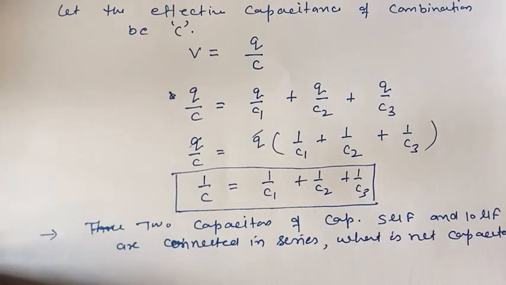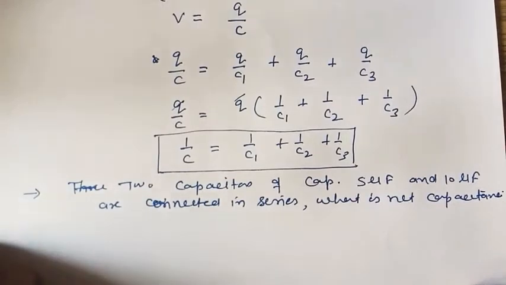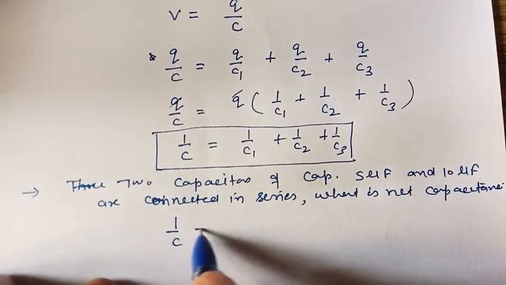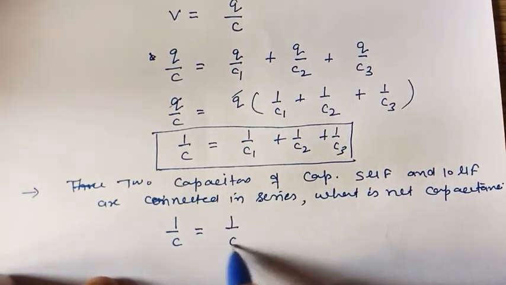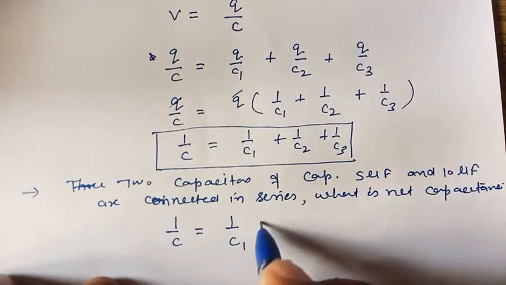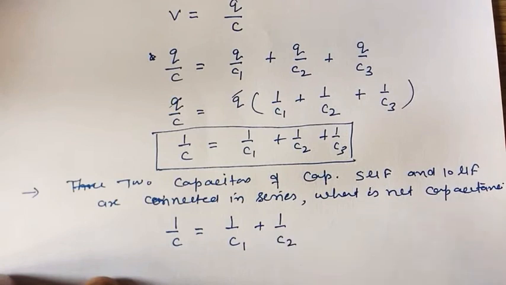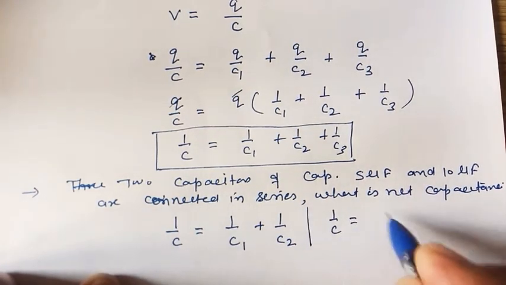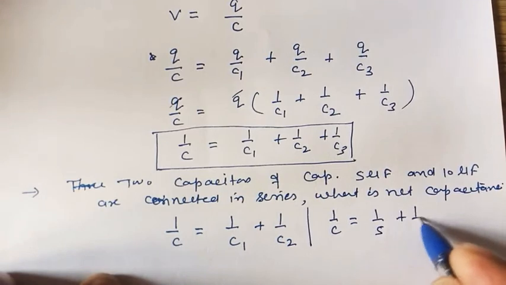What is the net capacitance, or you can say the total capacitance? So in the series combination, the net capacitance is what? The sum of the reciprocals of the individual capacitances. So 1 upon C equal to 1 upon 5 plus 1 upon 10.